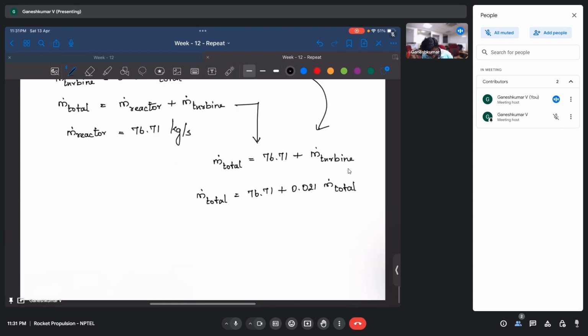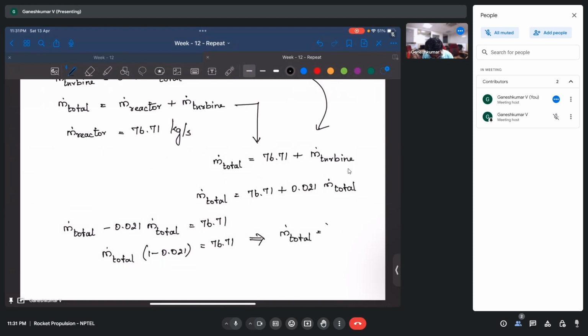Now if I take this to this side, m dot of total minus 0.021 m dot of total is equal to 76.71. So I can write m dot of total times (1 minus 0.021) equal to 76.71, and this is going to give me m dot of total to be 76.71 divided by (1 minus 0.021).